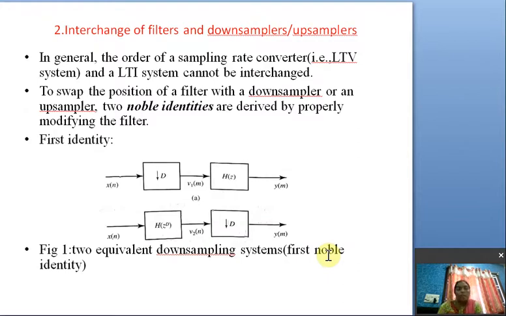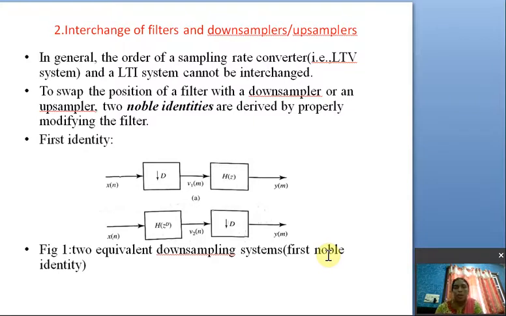And then interchange of filters and downsamplers, upsamplers. In general, the order of the sampling rate converter and the LTI system cannot be interchanged, since the sampling rate converter is an LTV system and the filter is an LTI system. So to swap the position of a filter with a downsampler or an upsampler, we have to use two noble identities.